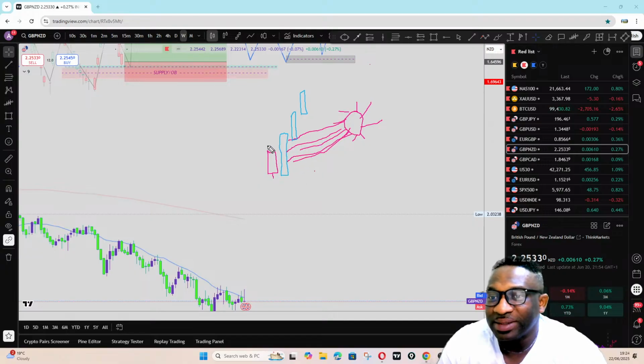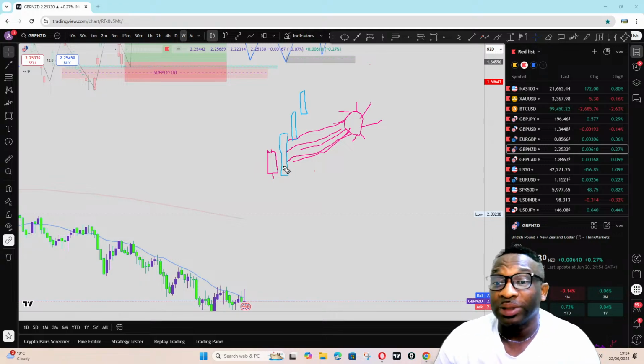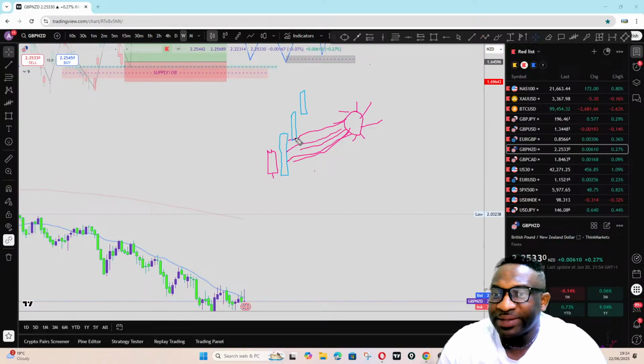So once we have this scenario, we don't second guess, we don't check our pulse or see how we are feeling before we take the trade. We are following a specific process. So once you spot this, all you have to do is either wait for a gift play where price pulls back a little bit to this area, and then you can take the trade to the upside, or you can go into the trade on this particular candle the moment it takes the high of the previous candle.